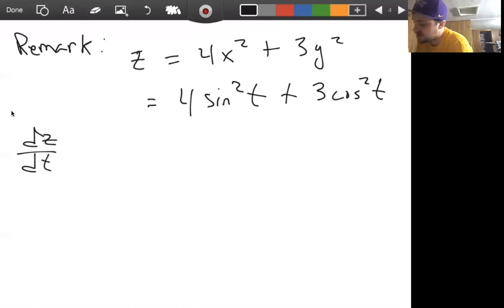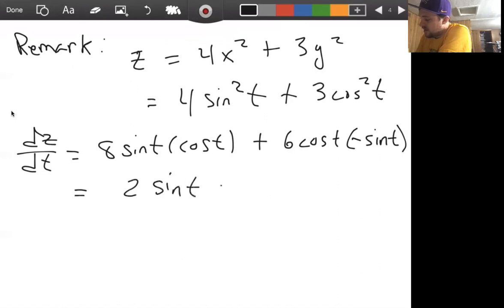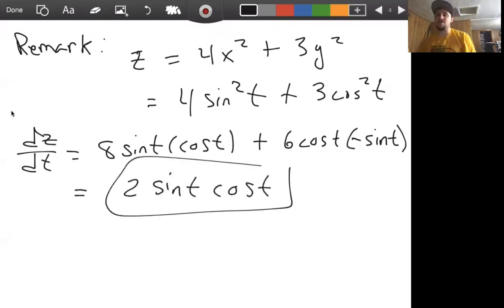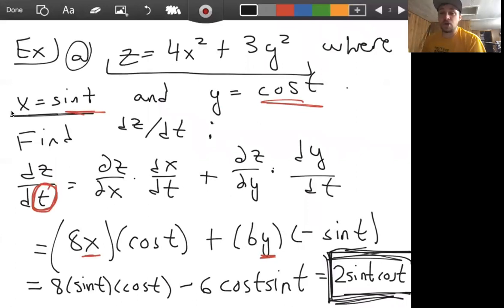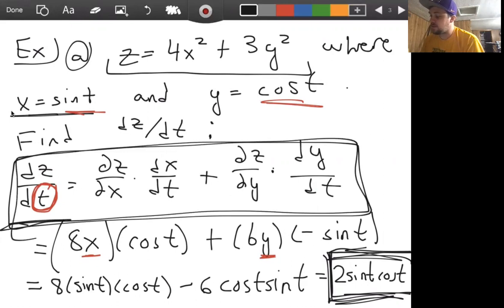Because this is a single variable function, we get 8 sine t times cosine t by the single variable chain rule, and then plus 6 cosine t times negative sine t, which is 2 sine t cosine t. And it's no mistake that this is the same. The remark is that right now, while we're learning how to use the multivariable chain rule, this is the formula we should be using.